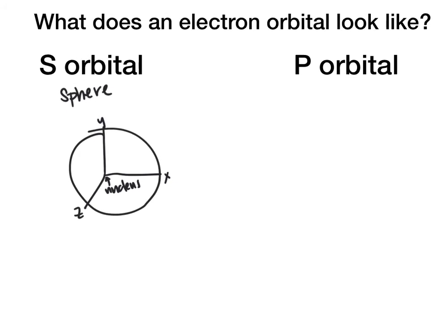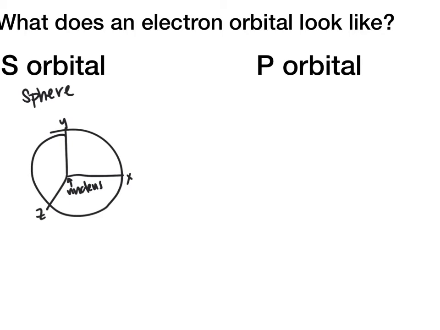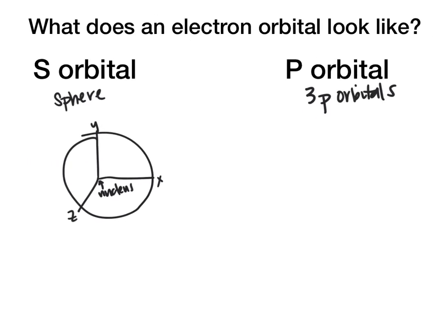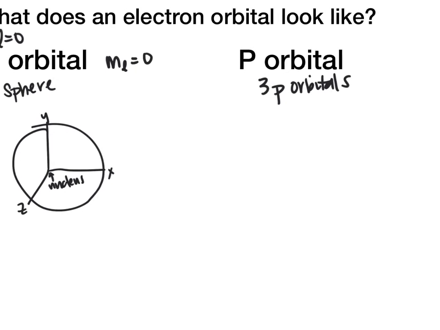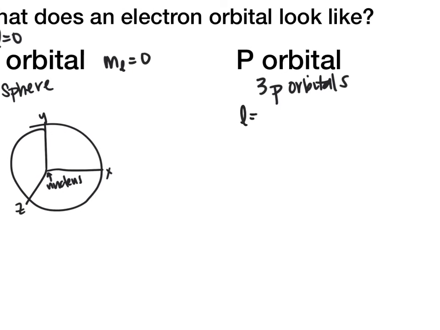Then we have the p orbital, and there are 3 p orbitals. The s orbital is L equals 0 and m sub L equals 0. For the p orbital, L equals 1 and m sub L equals -1, 0, and 1.